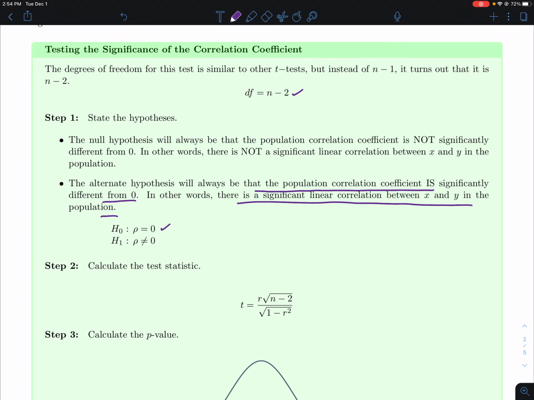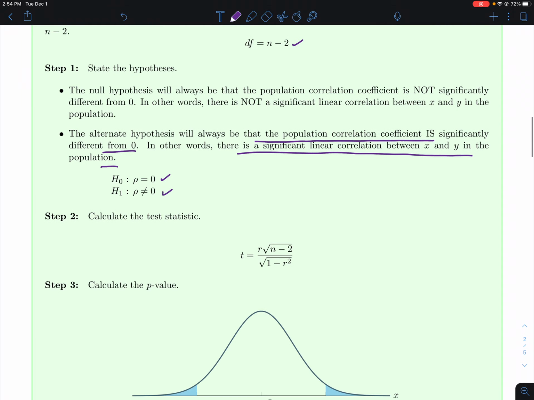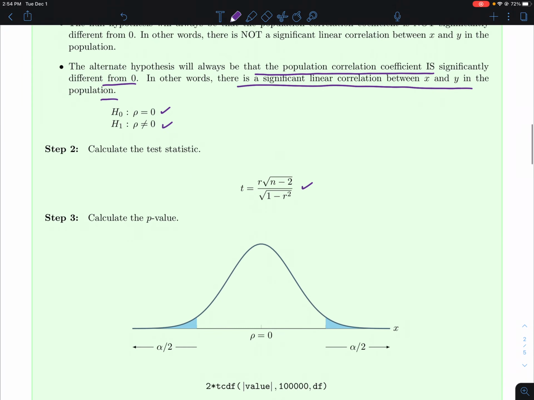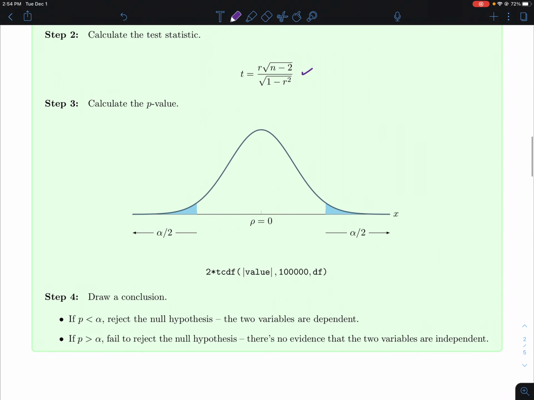In symbols, H naught is rho equals 0, and H1 is rho is not equal to 0. Again, we calculate our test statistic, which is the same as before. Then we calculate our p-value. Since it's a two-tailed test, we do 2 times the t-CDF.